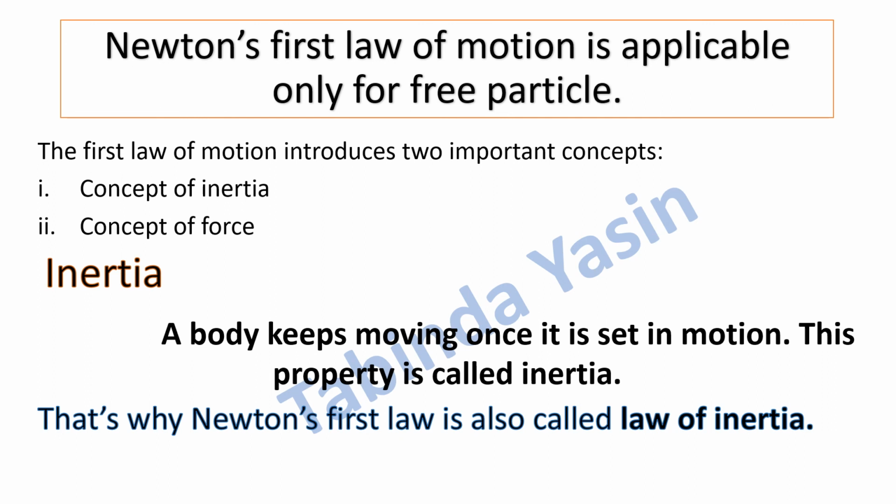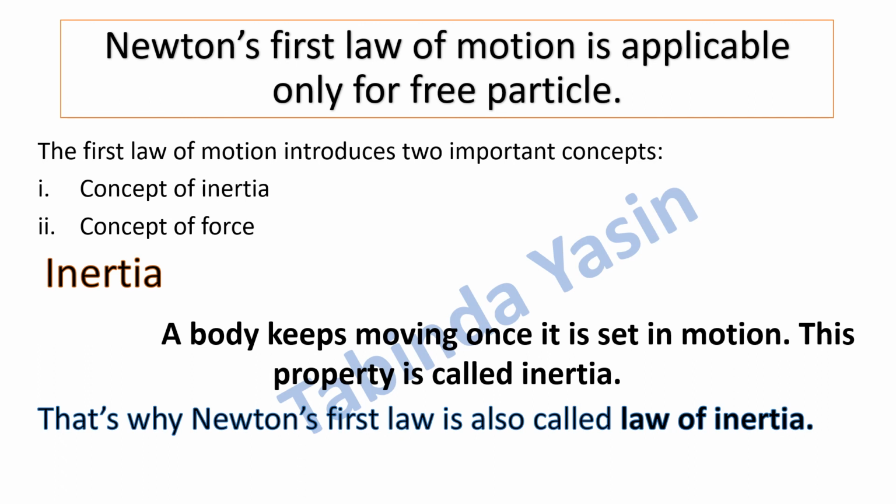The first law of motion introduces two important concepts. The first is the concept of inertia and the other is the concept of force. About inertia we have discussed earlier, and about force I have told you some definitions previously. For the definition of inertia, a mass keeps moving once it is set in motion. The property is called inertia.